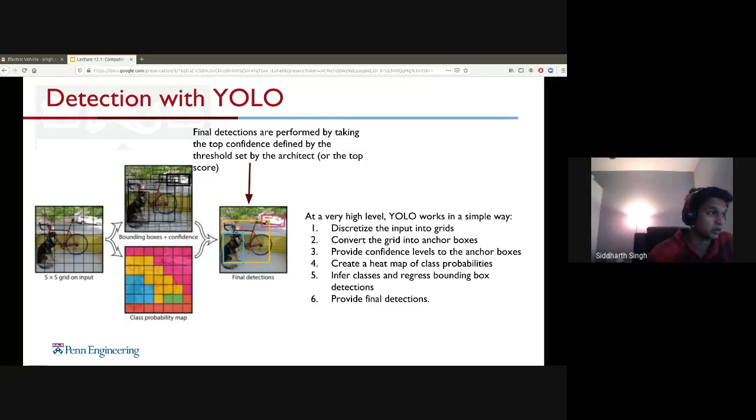That's the ground truth. Now, I have the anchor boxes, and the anchor box would be something like this for each pixel.